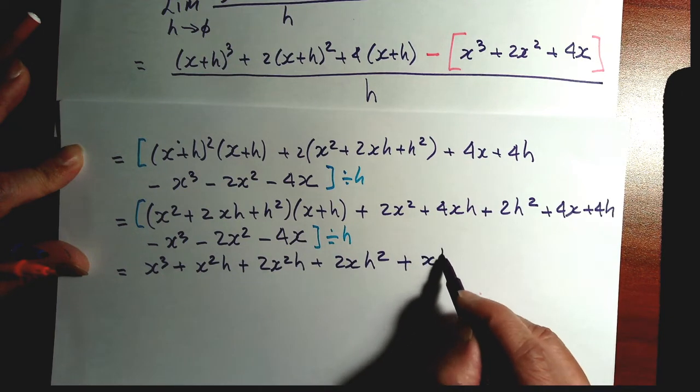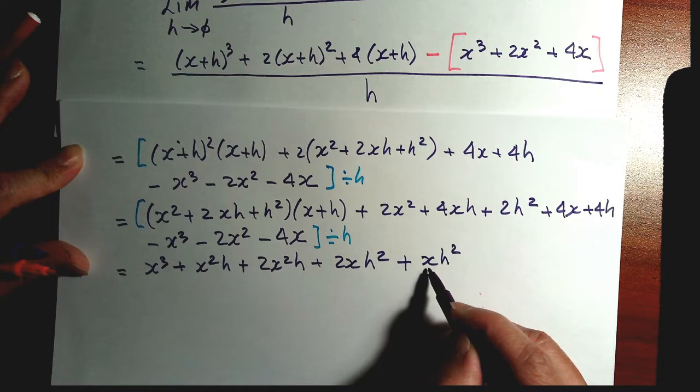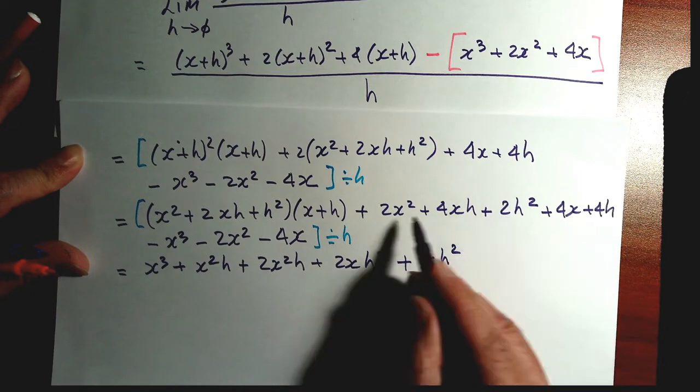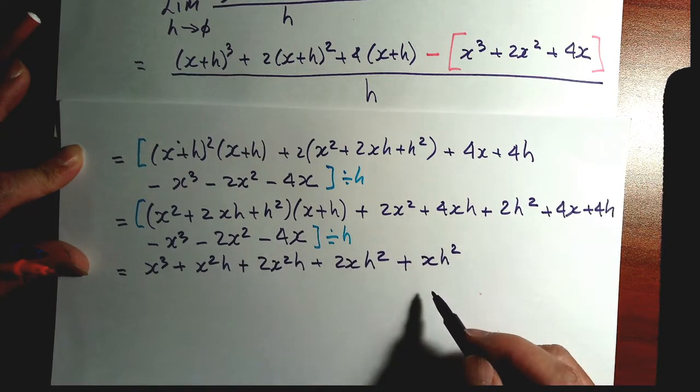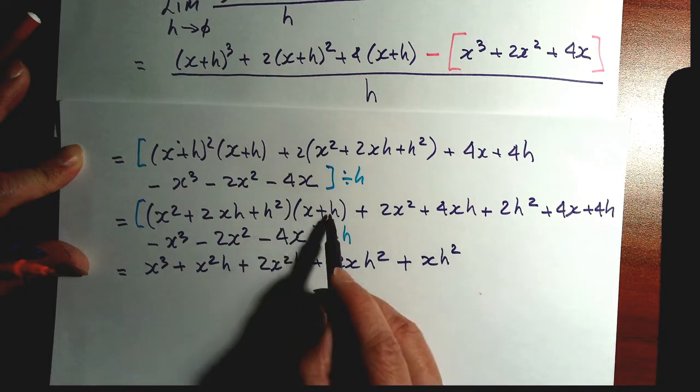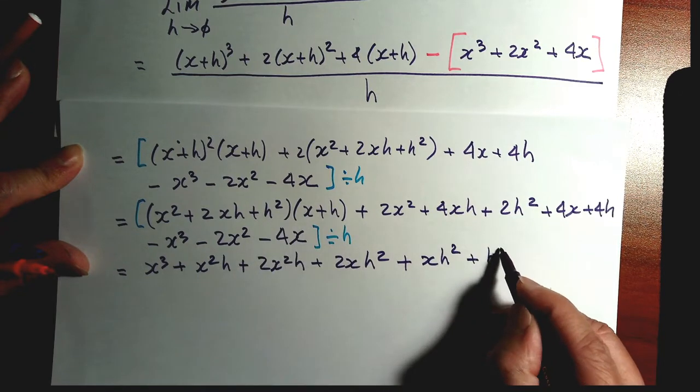I'll write it as xh squared. I always like to write the x first, so it makes it easier to cancel out like terms. And then h squared times h is h cubed.